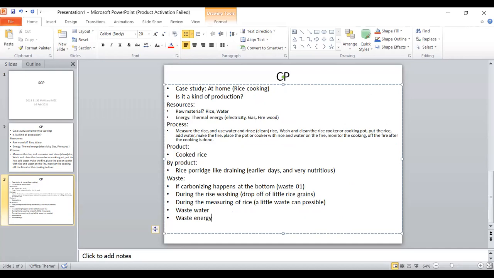So you have resources, you have process, you have product. Sometimes there can be byproducts and there can be waste. And how important this is.